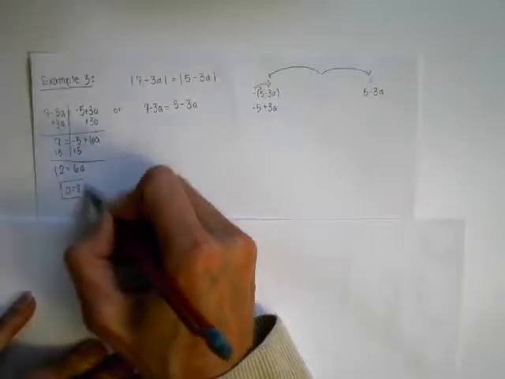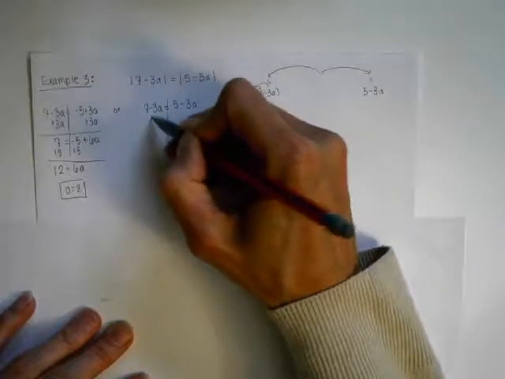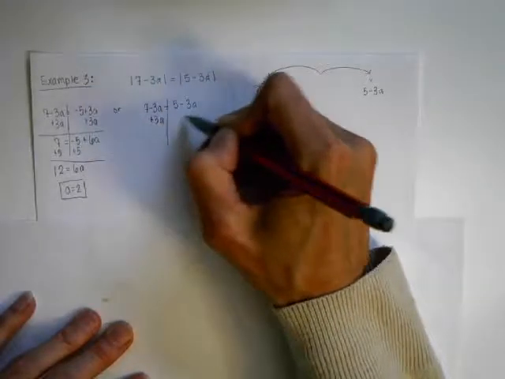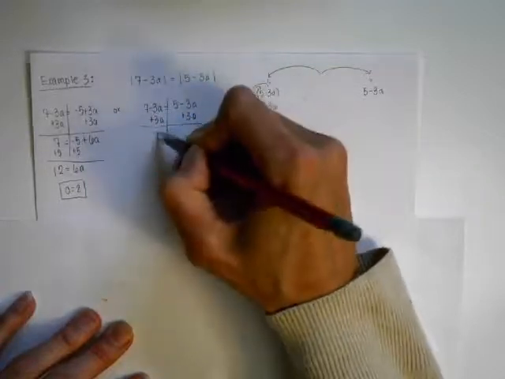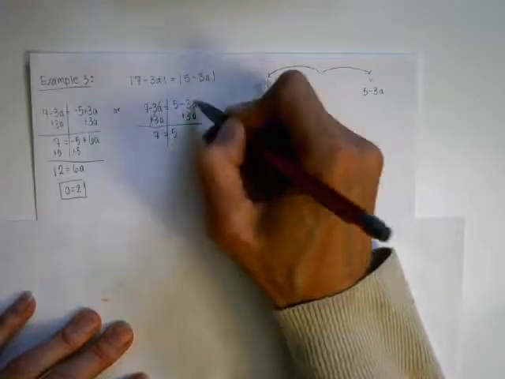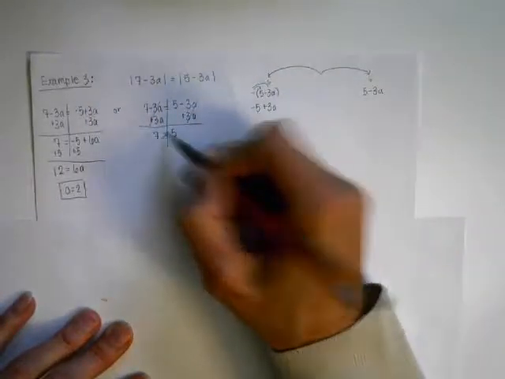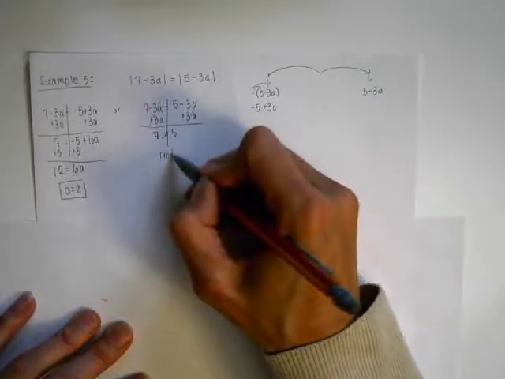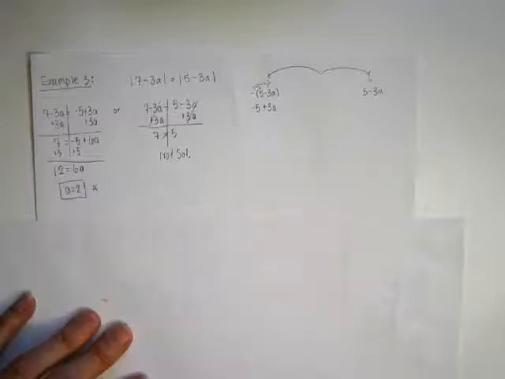On this side over here, when I add 3a to both sides, I have 7 is equal to 5, because the 3a's cancel on both sides. I know that 7 does not equal 5, so this is not a solution. So the only answer for this problem would be that a is equal to 2.